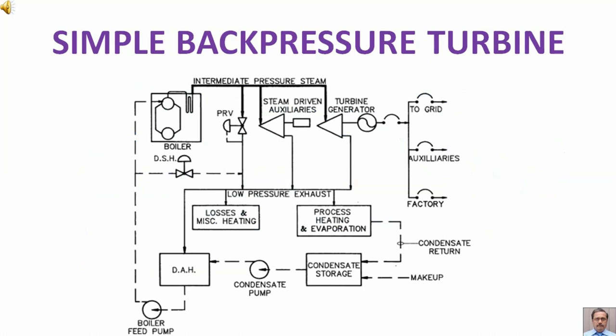This is the simple back pressure turbine being used in a sugar manufacturing plant. Here we can see the boiler.